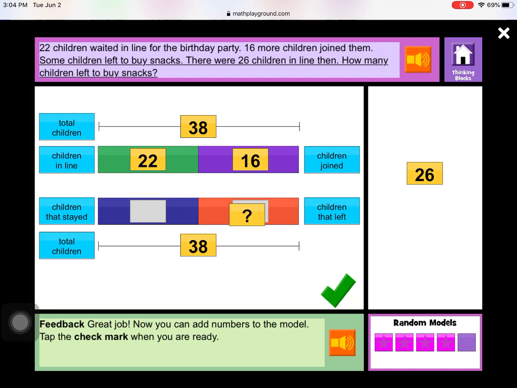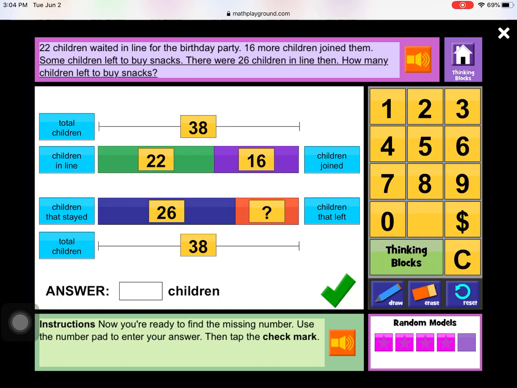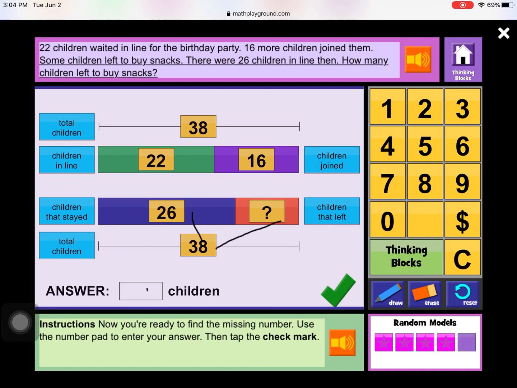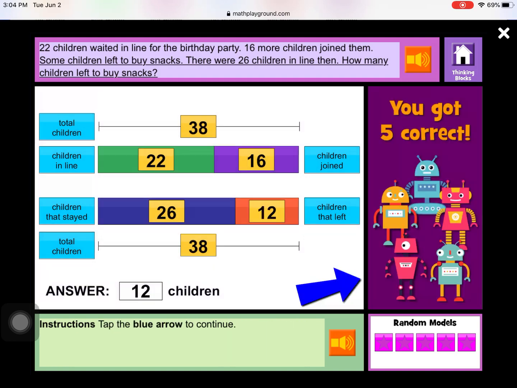That means I don't know how many children left. There are 26 children in line then. How many left to buy snacks? So again, I have to think of, if 38 is my total number, 26 and what make 38? And I believe that answer is going to be 12.